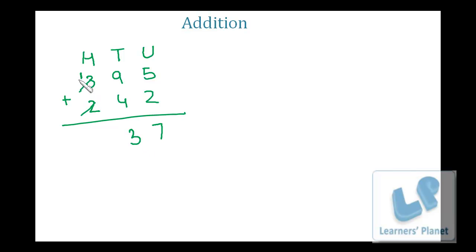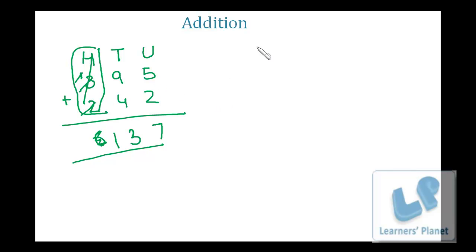Now 2 plus 3, 5 plus 1, 6. So that's 637. Now when we didn't have the hundreds place value, what did we do? We wrote the carried over number as it is. So if the addition of this is 13, we wrote 137. We wouldn't add it over further. But now because we have the hundreds place value, we'll have to do it in this particular way.